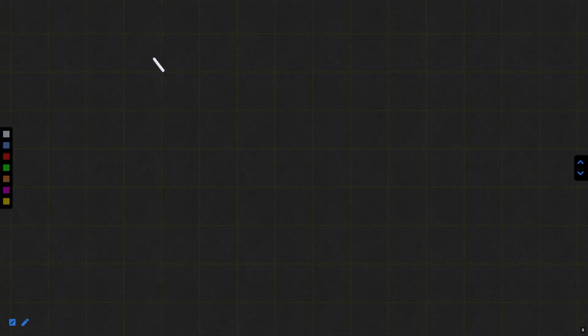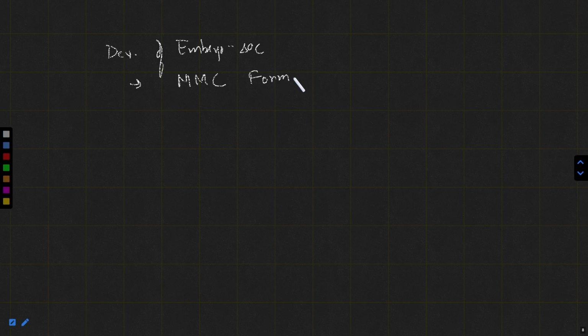So let's summarize this entire topic. First, we have studied the development of the embryo sac. So briefly, how can you write? First is the megaspore mother cell formation. The megaspore mother cell is formed.